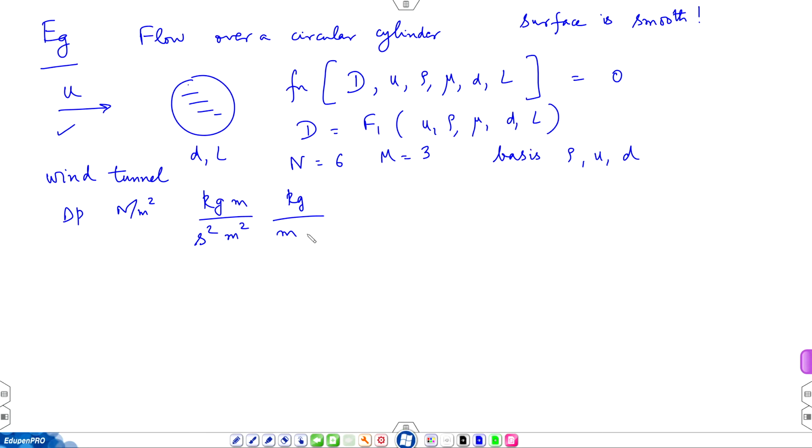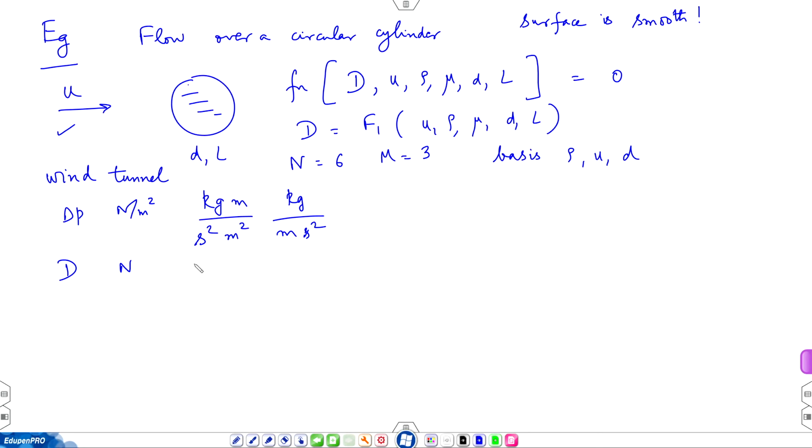Yeah, that is all right. So, drag will be in units of newtons, which you have to reduce to dimensions of mass, length and time.